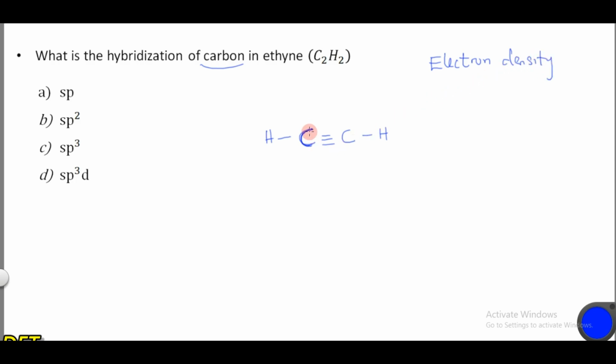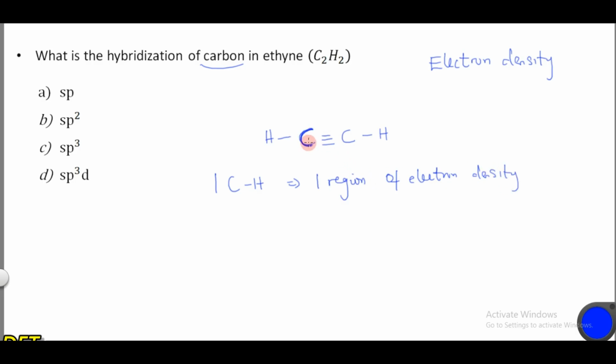So if you look at this carbon, there is one carbon to hydrogen single bond. So that is equal to one region of electron density.